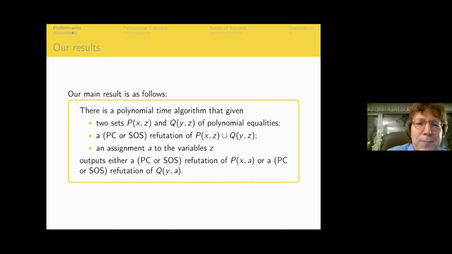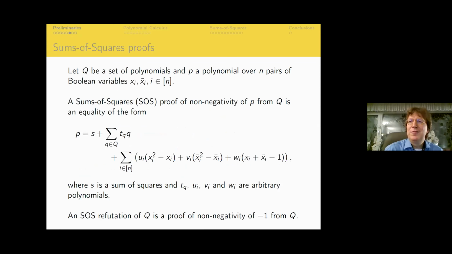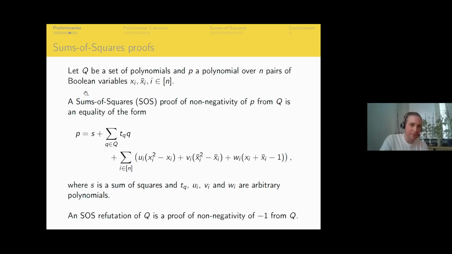May I ask, does this work for any arbitrary assignment a? Is it arbitrary? For sums of squares we are looking at 0, 1 values, so Boolean variables.